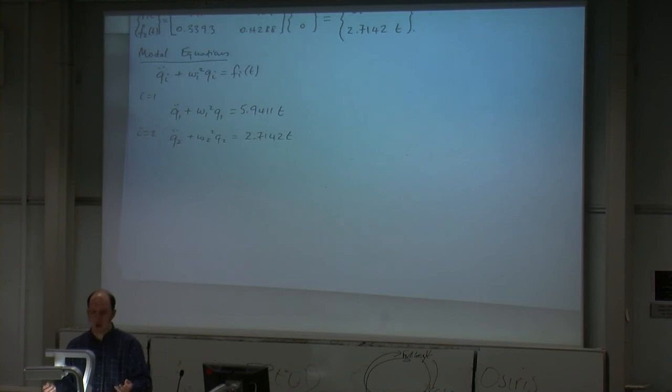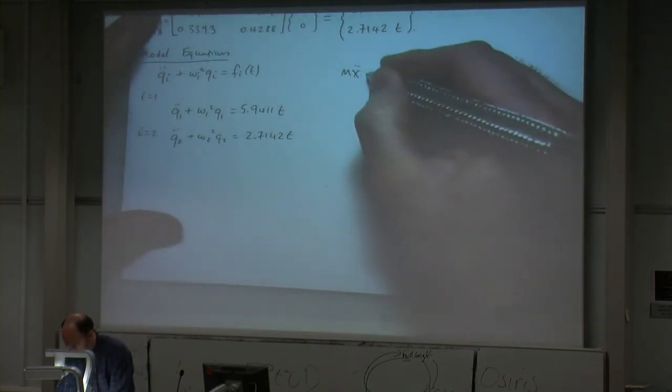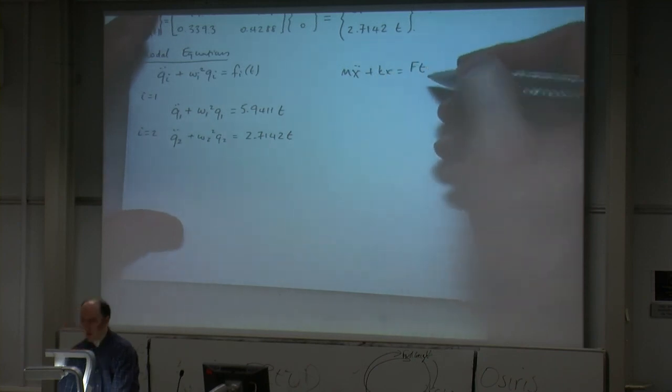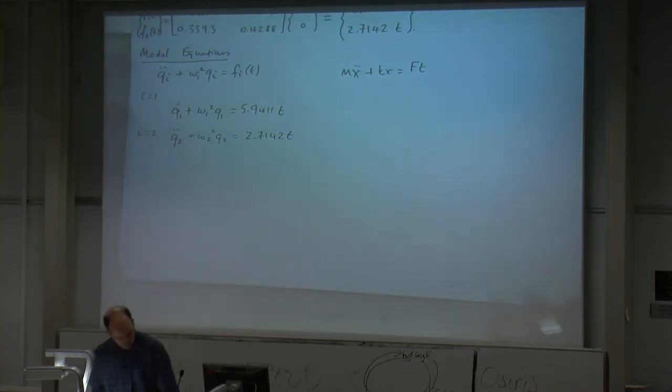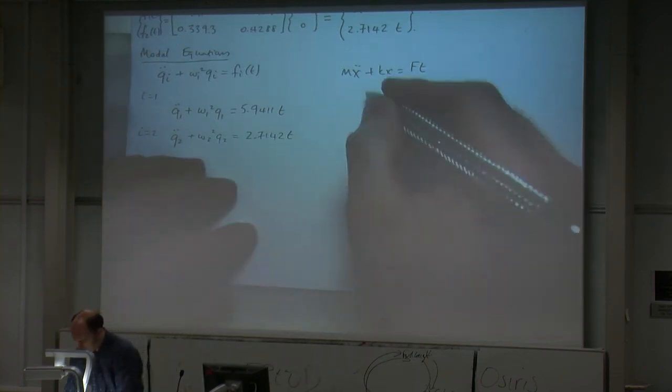Now, what next? Well, we solved in chapter 3 the equation m x double dot plus k x equals f(t). Back in chapter 3 we solved that equation, and on your formula sheet you have the solution to that equation.